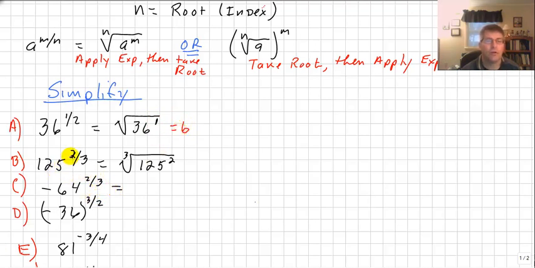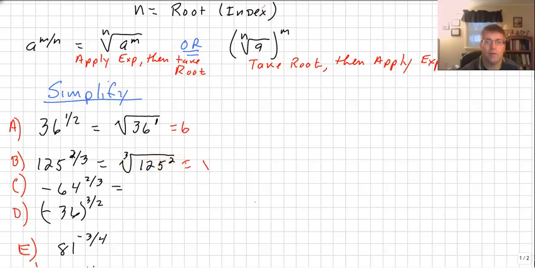125 to the 2/3 power. We've got power divided by root, so the cube root of 125 squared. It doesn't make sense for us to square 125 and then take the cube root of that.